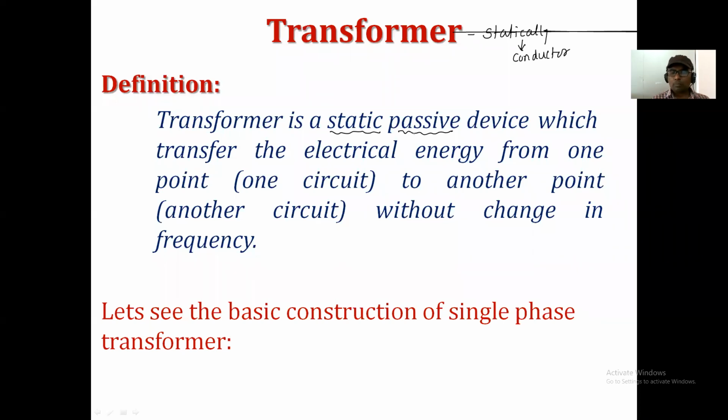And what is the basic purpose of the transformer? The basic purpose is to transfer the electrical energy from one point to another point, or in other words, one circuit to another circuit. But a very important thing related to the transformer is that it is without change in frequency. It means that the output frequency of a transformer is always equal to the input frequency.